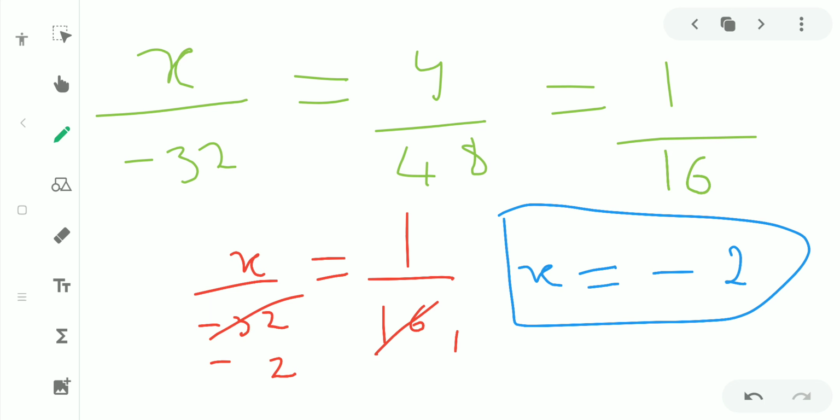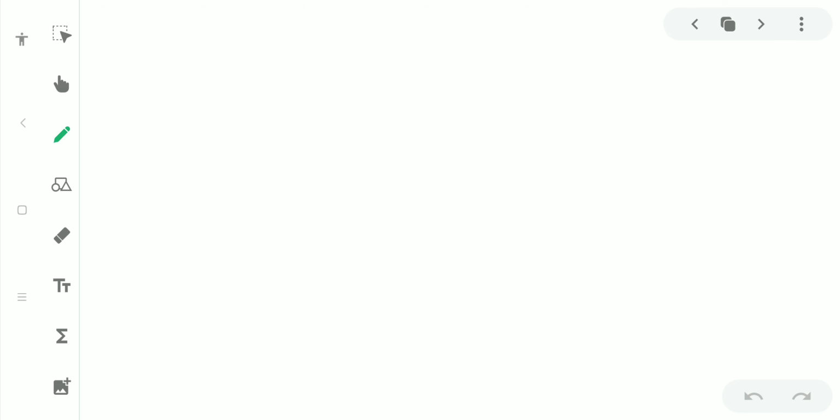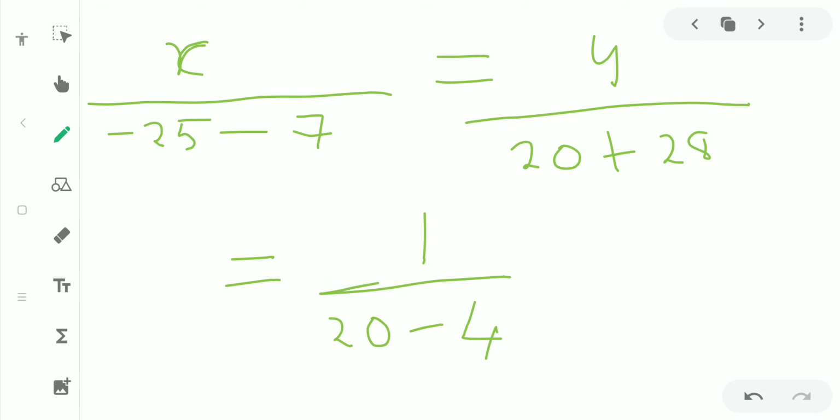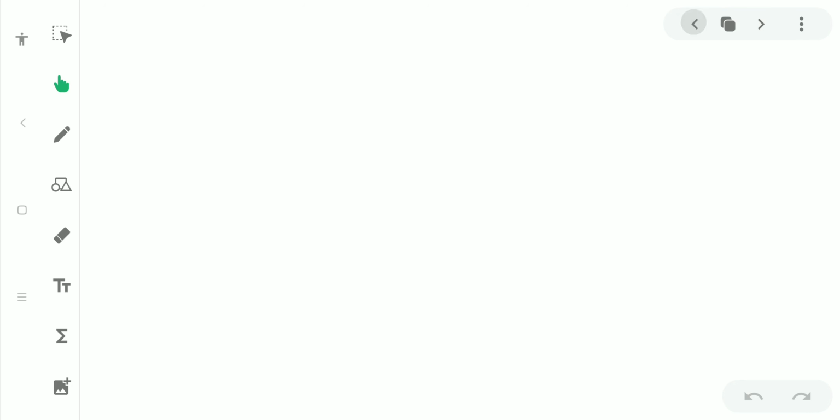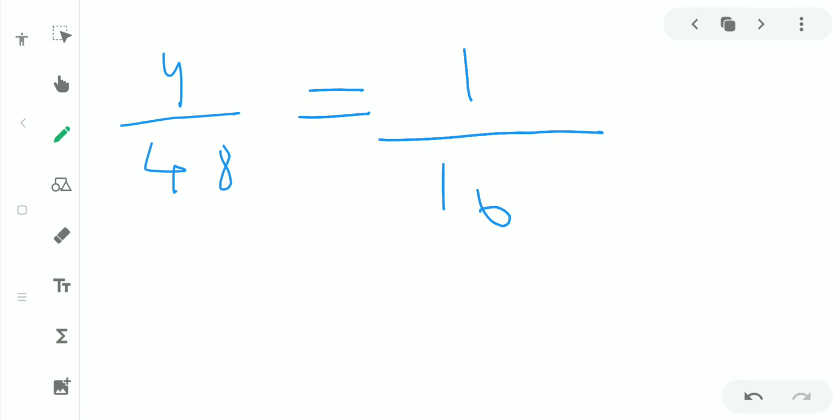So we got the first part of the answer, that is the x value, and second, the y value: y by 48 is equal to 1 by 16.